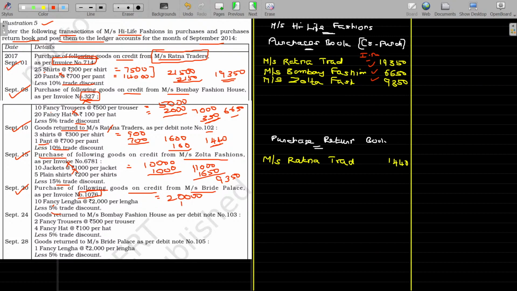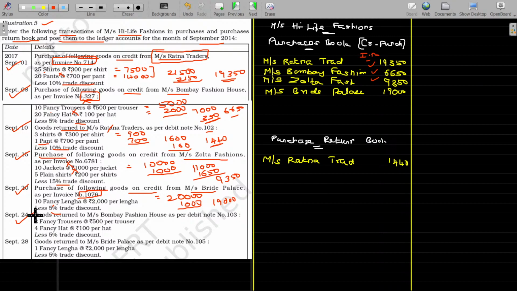Trade discount being 5%, which is 1000, you have to subtract this, then the final value being 19,000. Mrs. Bright Palace, the value being 19,000.